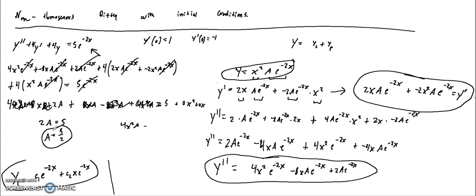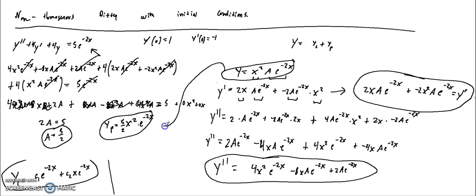Let me just check with my notes, make sure that's up to date. Yep. So, we can finally finish out our particular solution. Yp equals 5/2 x squared e to the negative 2x.